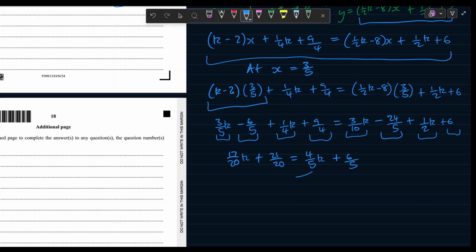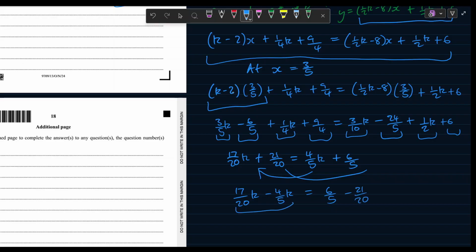And then let's put this term this side: 17 over 20 k minus 4 over 5 k is equal to 6 over 5, and then move this that side, so minus 21 over 20.